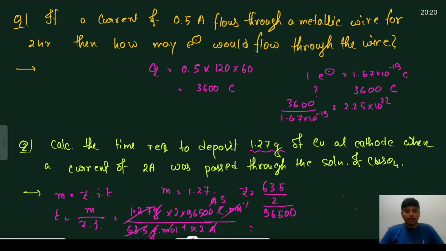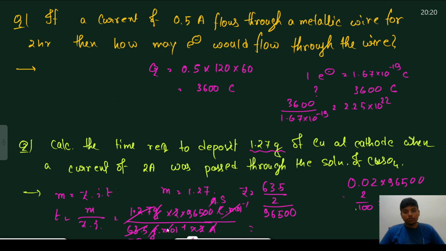How much is this, 50? No, it is 0.02 into 96500. 0.02 means 2 by 100, into 96500.